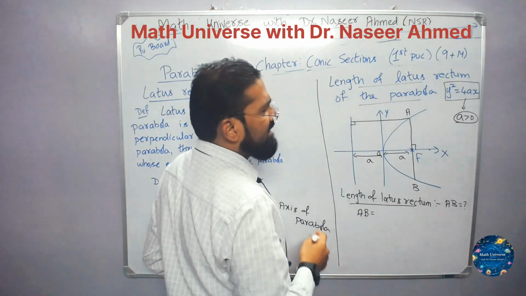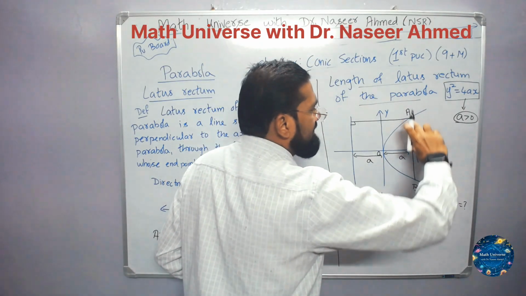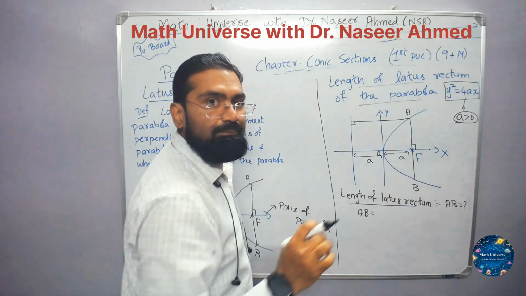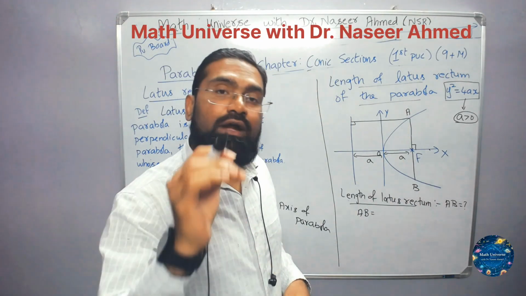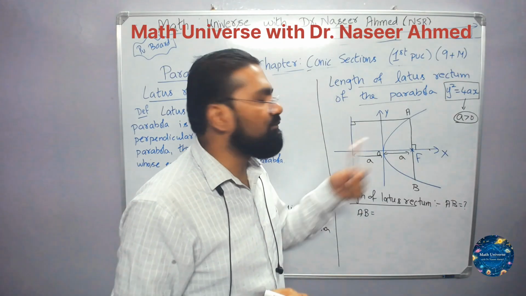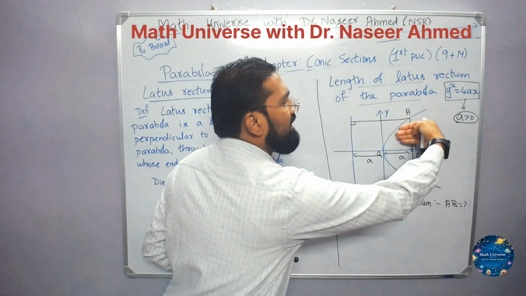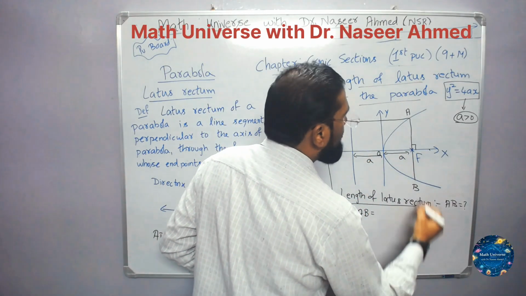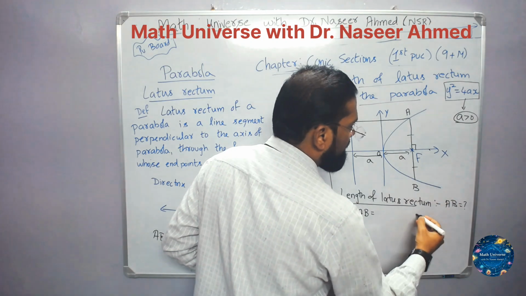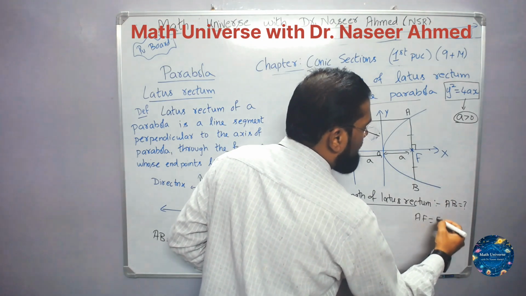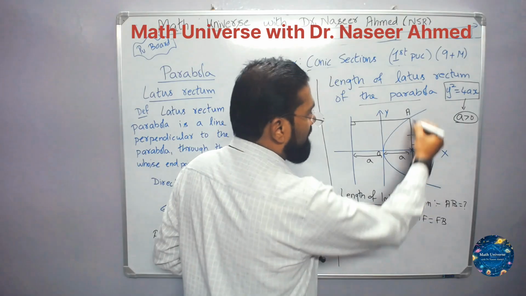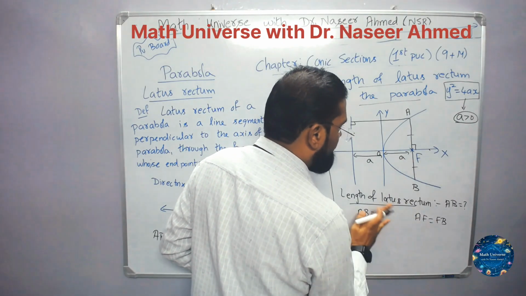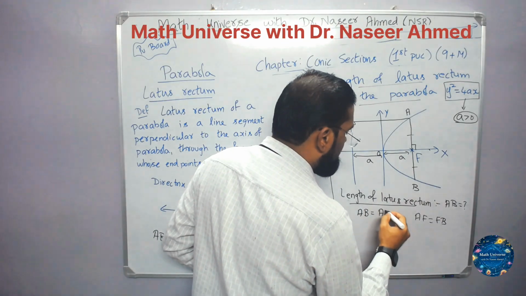Can you see from the diagram that whatever length is here, the same length is here, and whatever area is above the x-axis between this curve and this one, both are the same. The x-axis acts as the axis of symmetry for this parabola. So whatever length and area is present above, the same is present below also. So very clearly I can say from the diagram that AF is equal to FB. So this entire AB is AF plus FB.